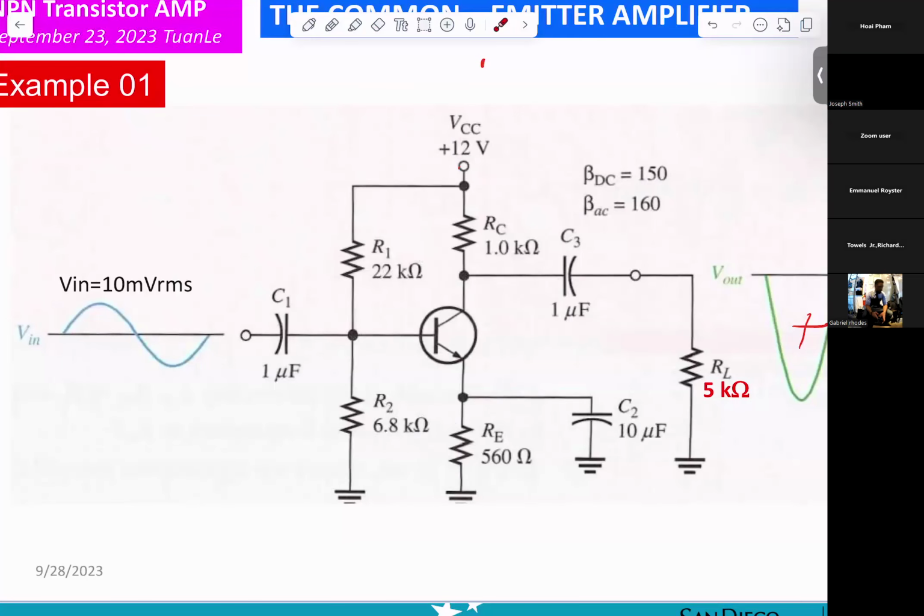You get input 10 millivolt. And everything here, they give you beta. If you calculate DC, you're using this beta; AC, you're using this beta.